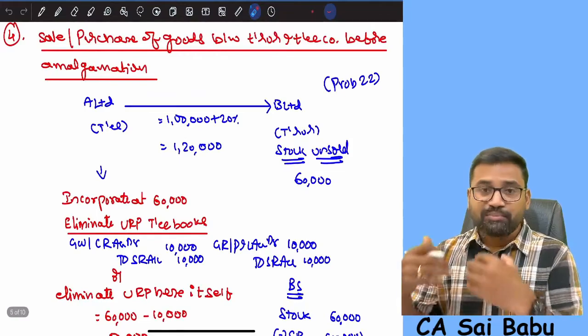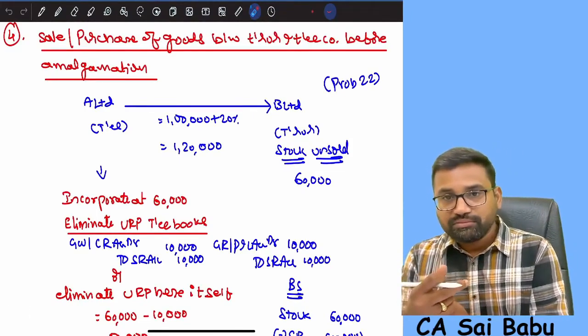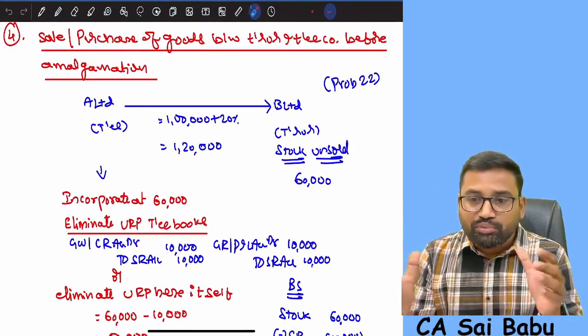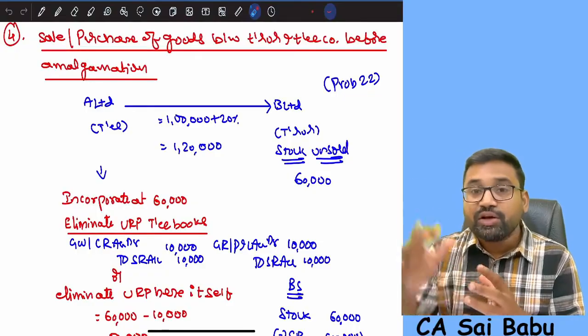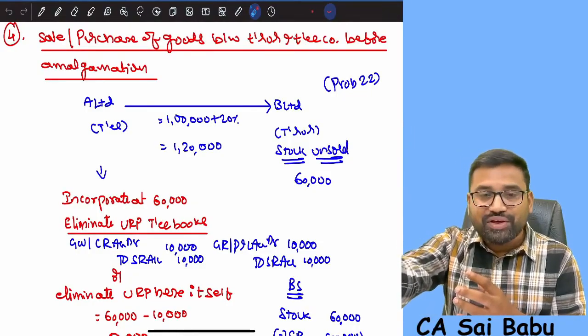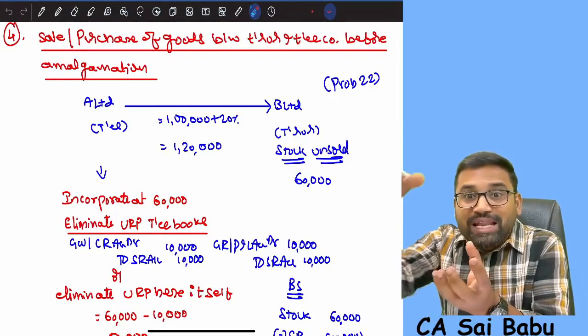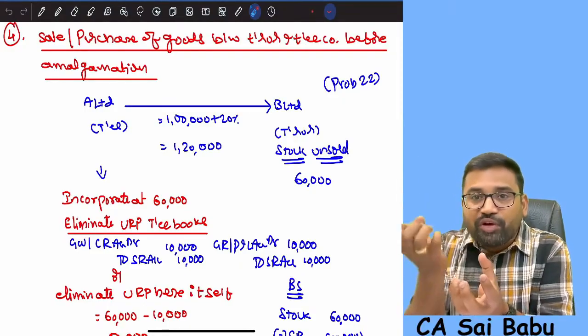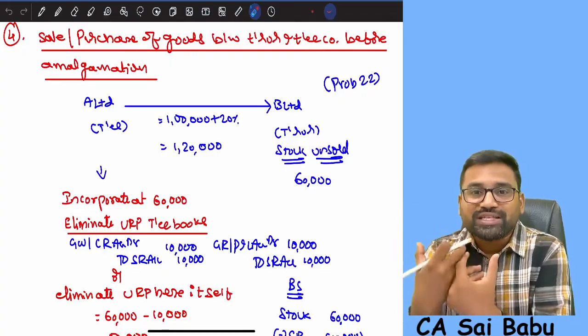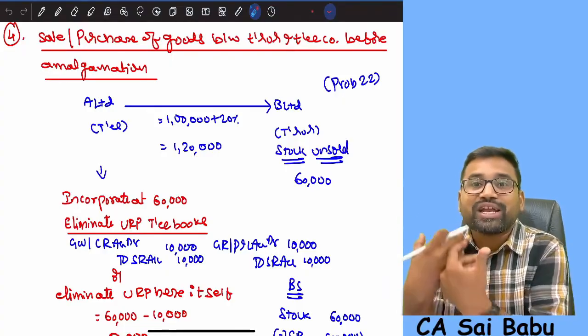When the transferee company sold goods to the transferor company before amalgamation, now both companies are amalgamating with each other. Whatever unrealized profit is in the stock of the transferor company, we need to eliminate, because that profit is not relevant for us; it is not yet realized.